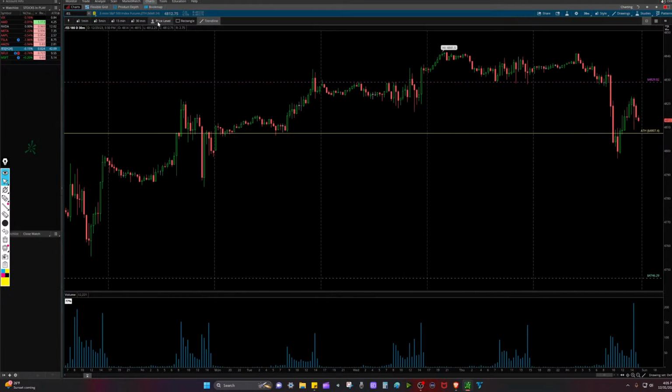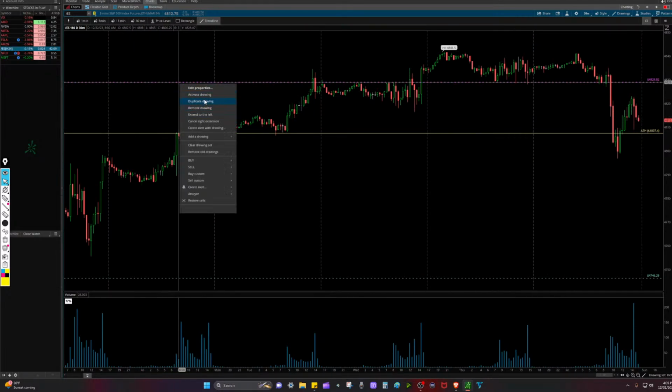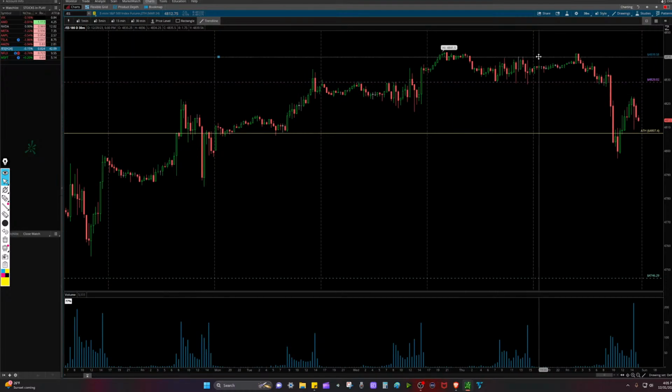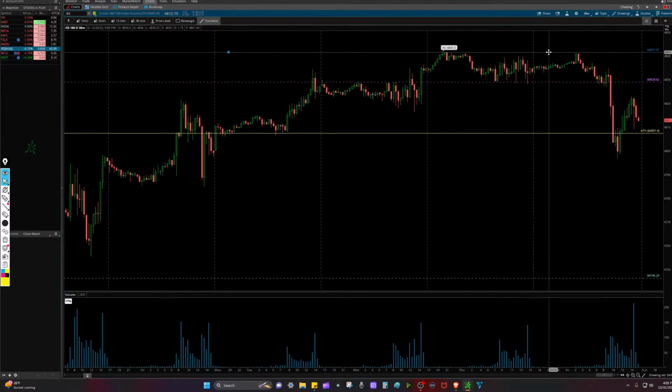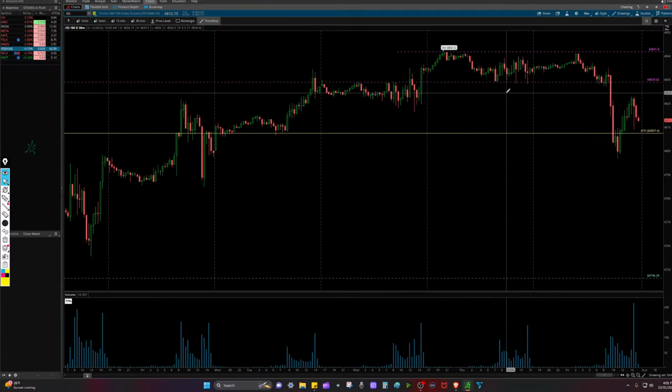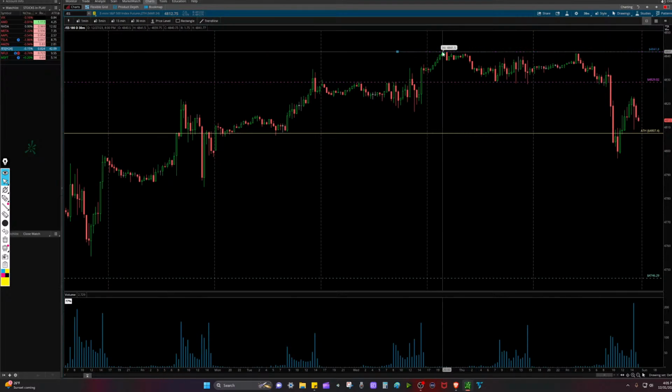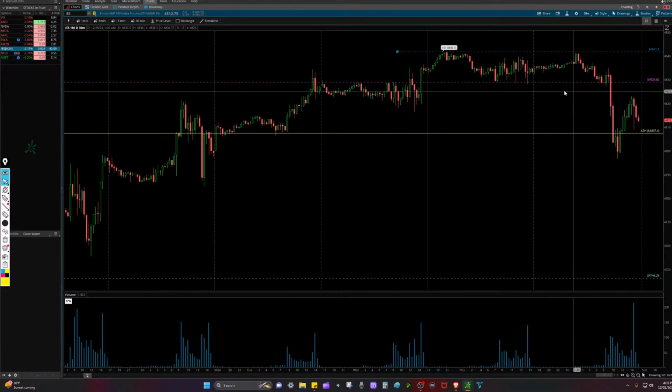Not much happening here either. The top of this level could also act as resistance. If it can break above this, it can really rally. So I will mark this as a possible resistance.